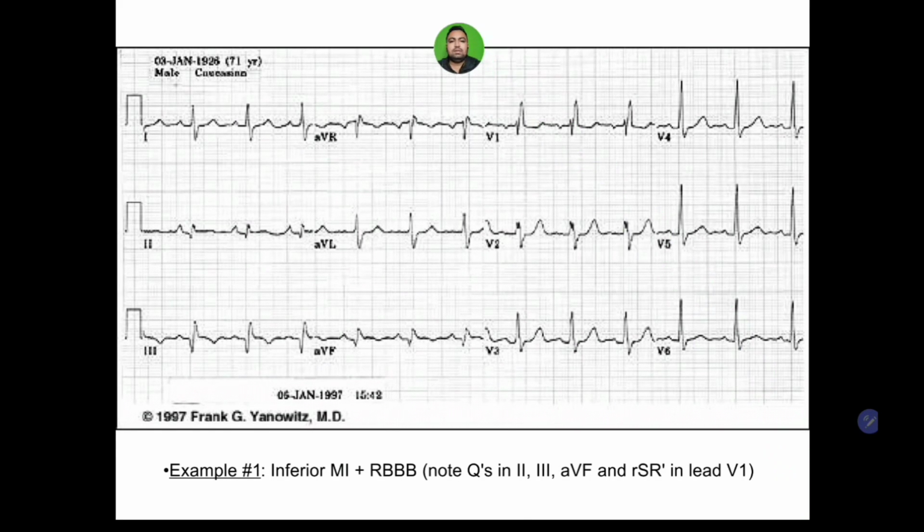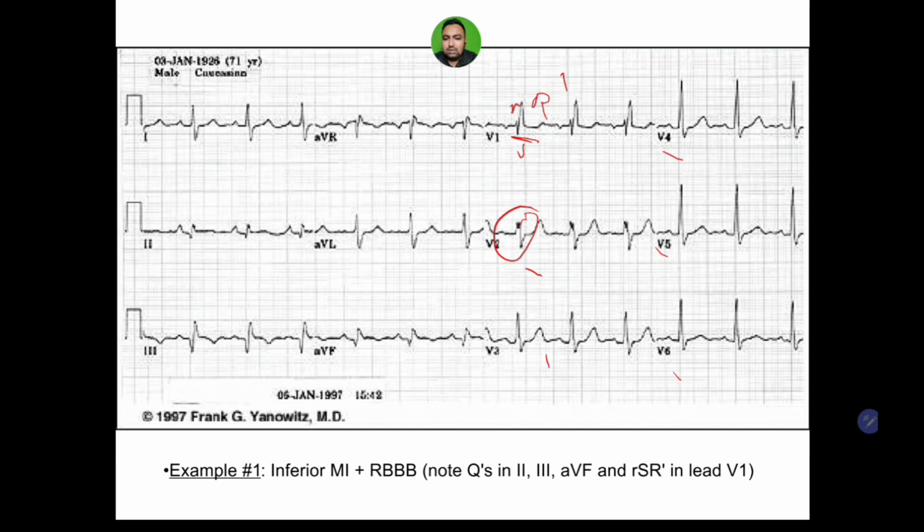Now let us have a look at what is seen in this ECG. You can see that in leads V1, V2, V3, V4, V5 and V6, it is small r, S and another r. This R dash or rabbit ear pattern, this M pattern, is suggestive of right bundle branch block pattern.